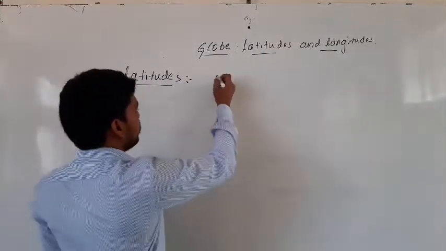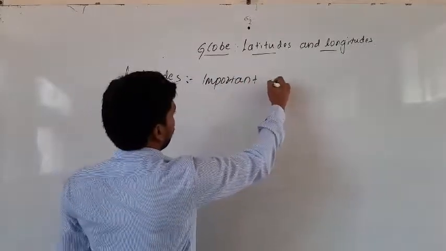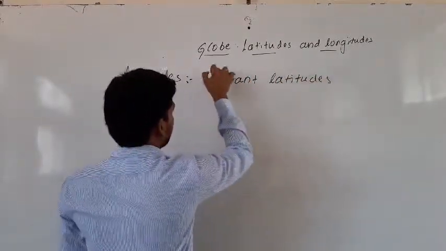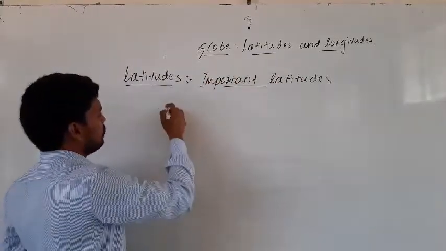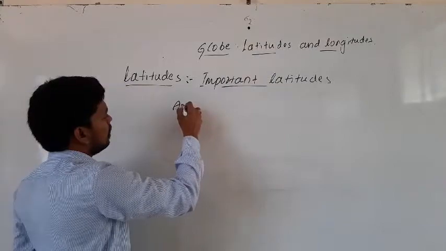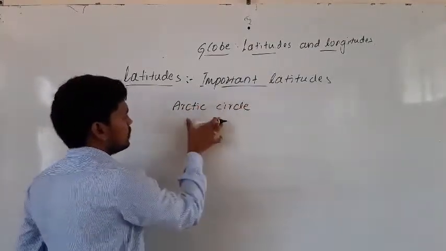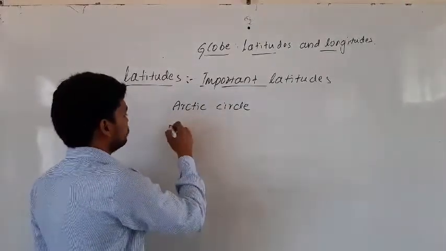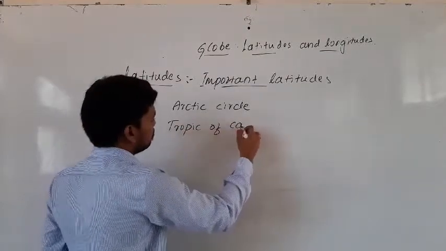The 5 important latitudes. There are 5 important latitudes. One is the Arctic Circle. Earlier I told you latitudes are called circles. Then the Tropic of Cancer.